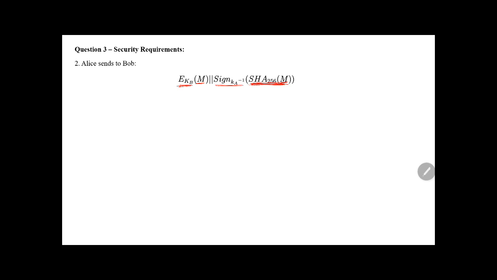So basically, the first part, the message encrypted using Bob's public key, means that only Bob will be able to decrypt this message. So this actually satisfies confidentiality.